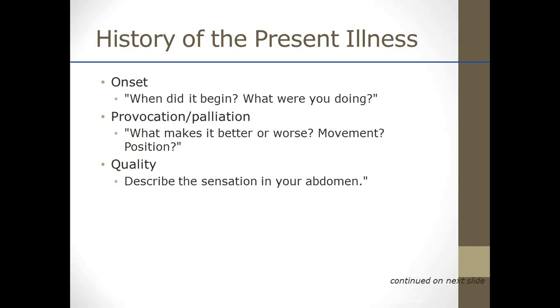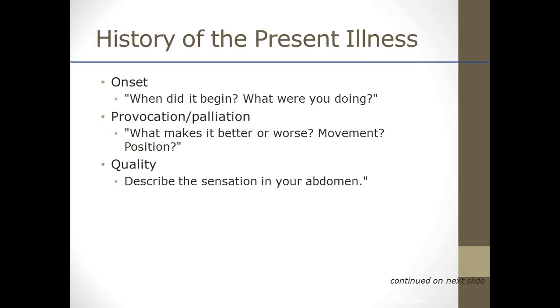And then we're going to ask them to describe. Please don't put words in their mouth. Don't say, is it dull or sharp? Because then they're going to choose one of those two, and what if it's tearing? You would miss it. If you only give them the option of dull or sharp, they say, well, I guess it's sharp.